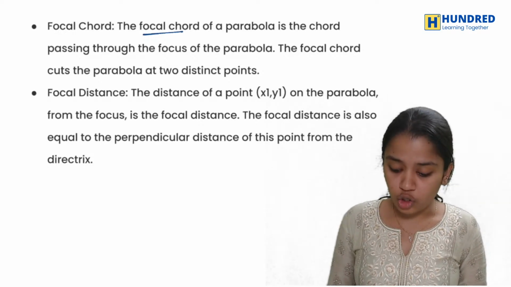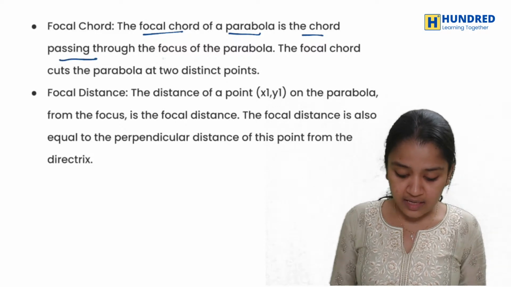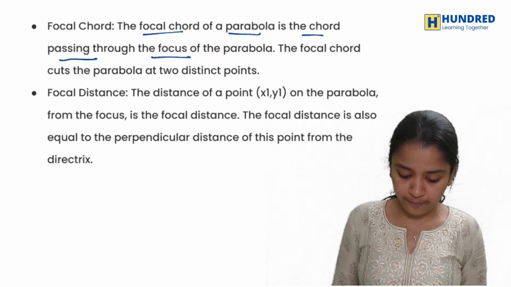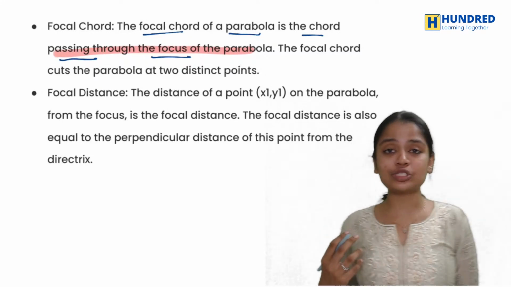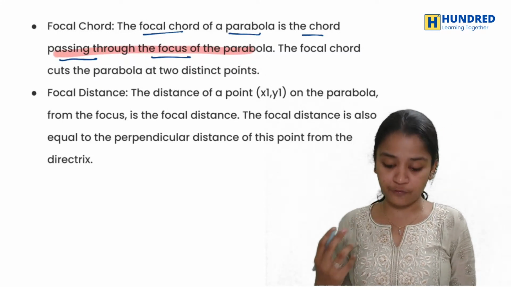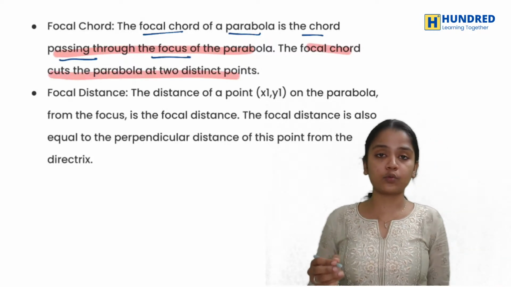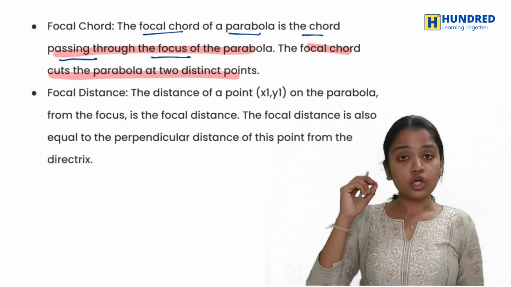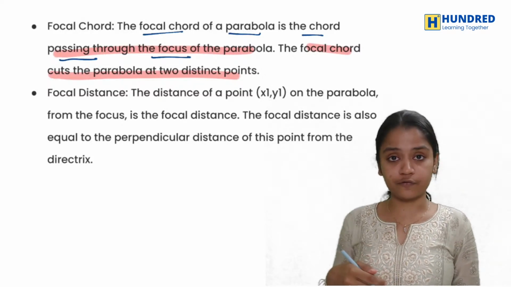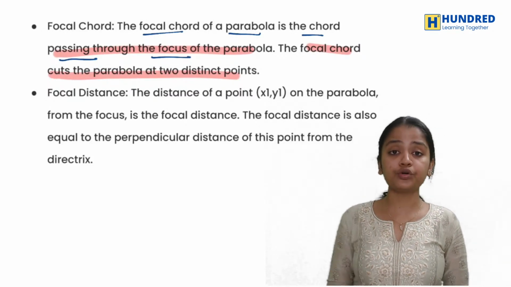So what is a focal chord? Focal chord of a parabola is a chord passing through the focus of the parabola. The focal chord cuts the parabola at two distinct points.